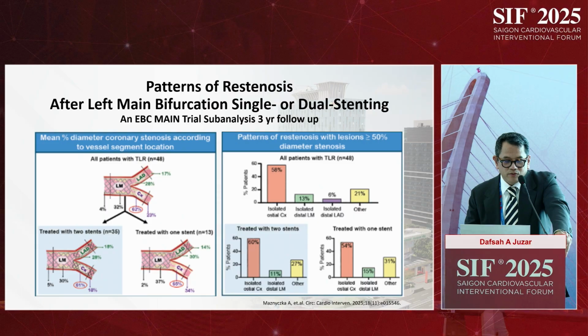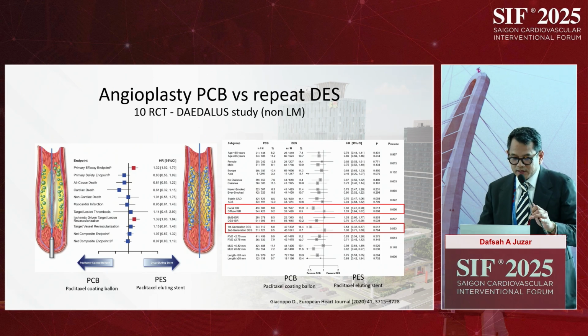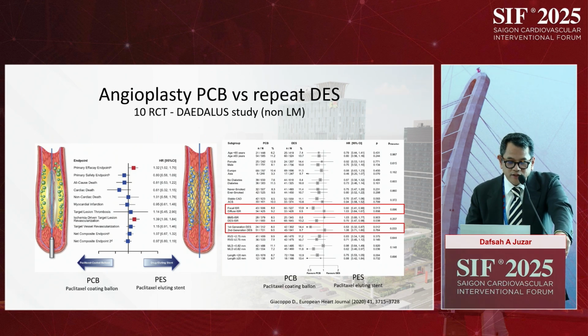And then we also know from non-left main studies that, for angioplasty with the paclitaxel-coated balloon versus repeat DES in ISR, DES is better due to target lesion revascularization.